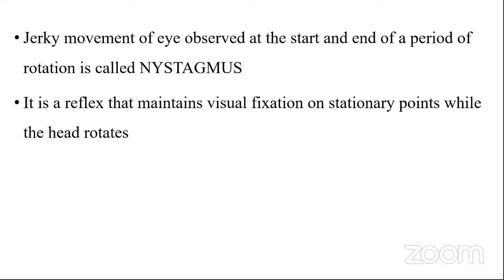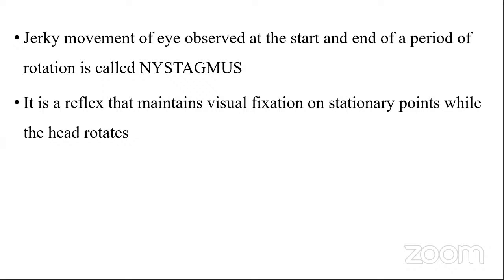We keep the finger on the right side of the head, then ask the subject to look towards the fingertips, so both eyeballs will be moving to the right side.